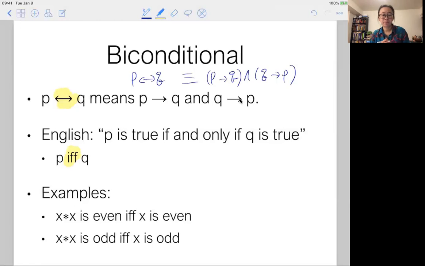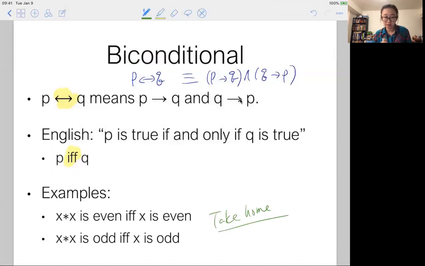Okay? So for example, I can have the following statements: x squared is even if and only if x is even. x squared is odd if and only if x is odd. I would like you to think about this as take-home, to prove why those two things are actually true statements.